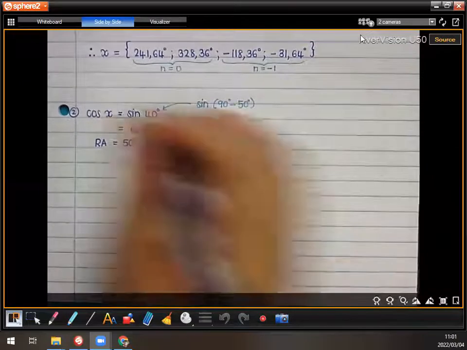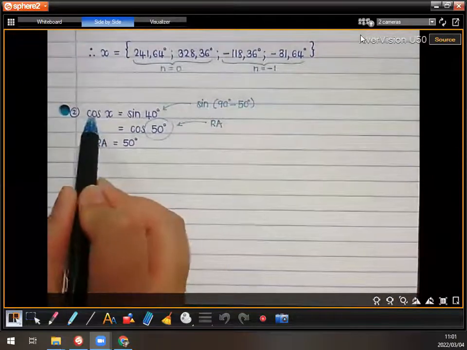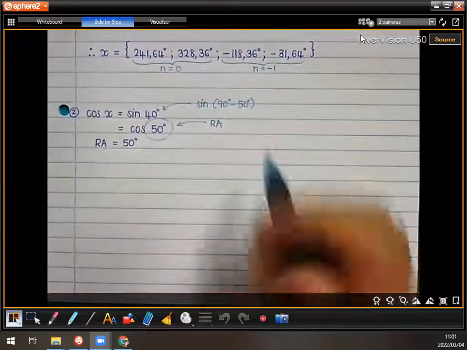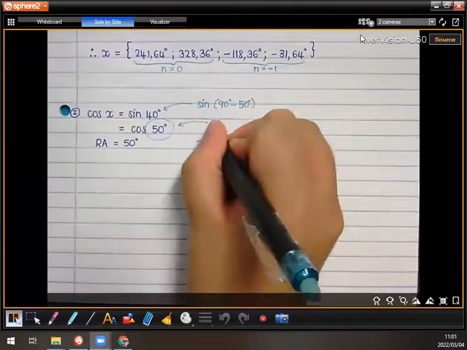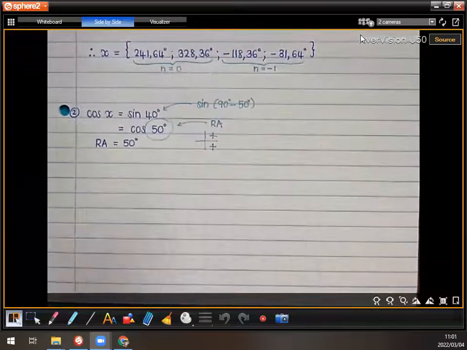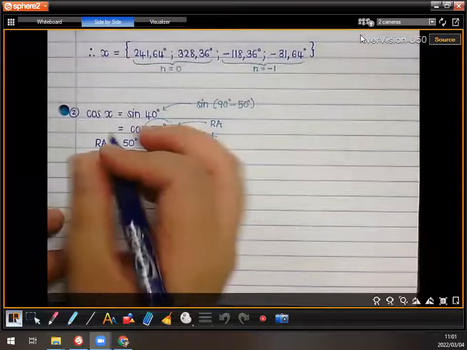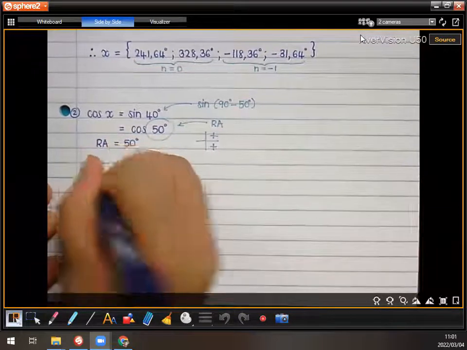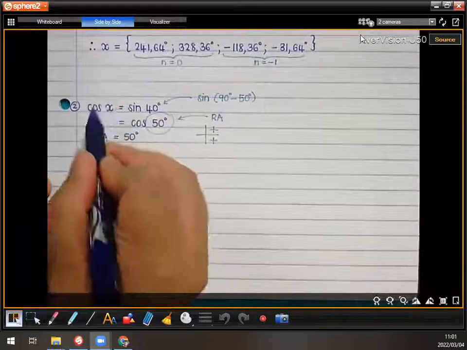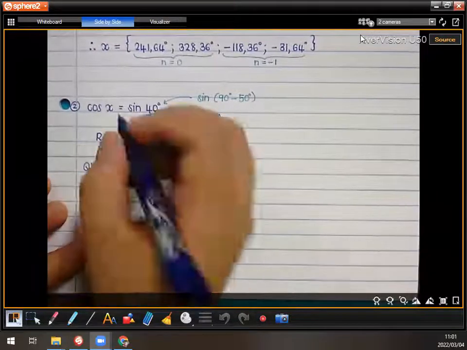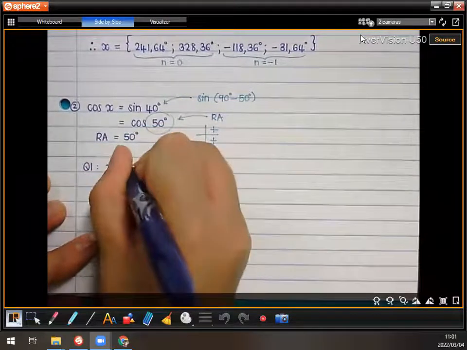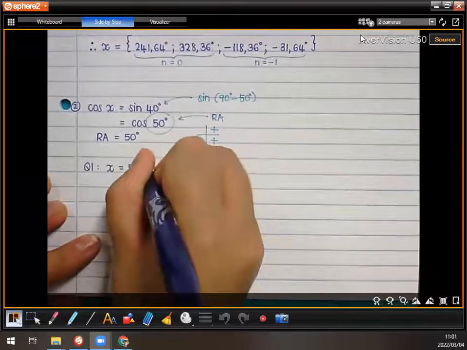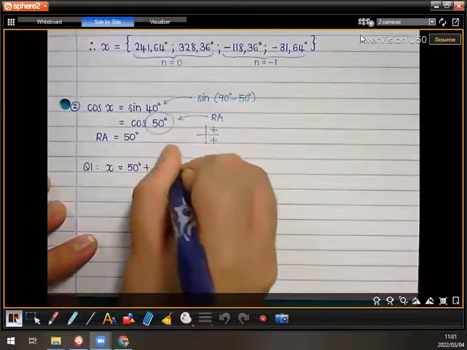Okay, so which quadrants is cos positive in? 1 and 4. So we're going to have a quadrant 1 solution. Now this one is a nice one because my angle is just x. X equals 50 plus 360n.